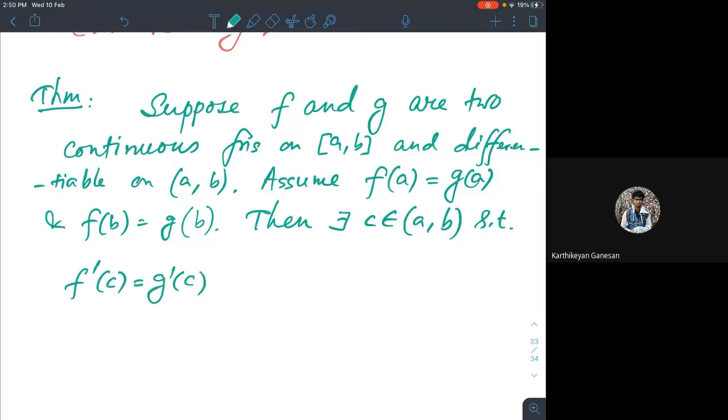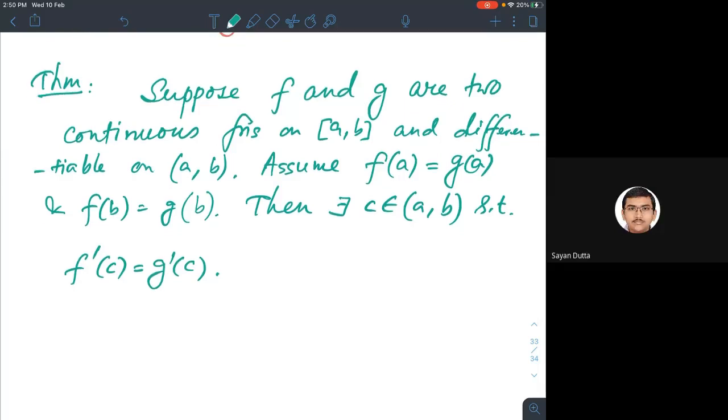Is the proof clear of this one? Now I have taken two functions, and at A both are equal, and at B also both are equal. So let us define another function h such that h is f minus g, and apply Rolle's theorem.